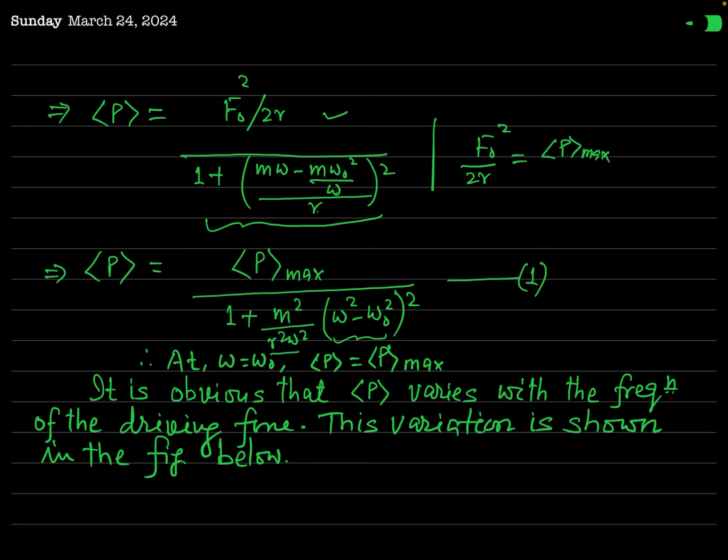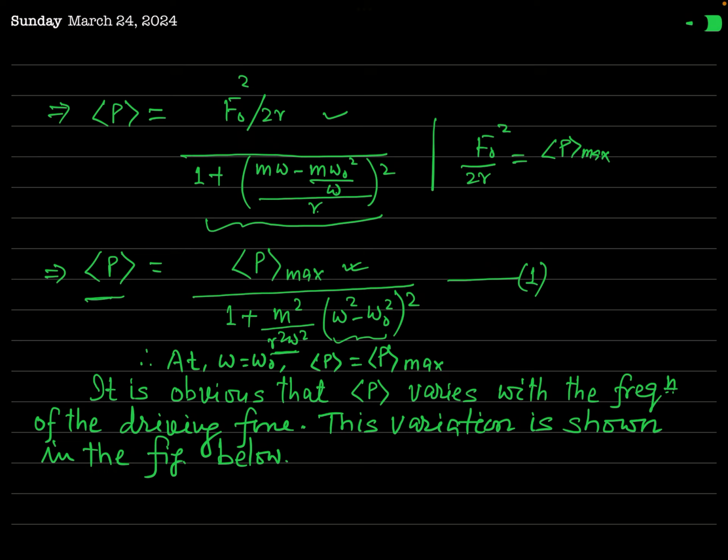So instead of F naught square over 2R, I have written P max. So our final expression for the time averaged power is P max over 1 plus m square over R square omega square times (omega square minus omega naught square) whole square.